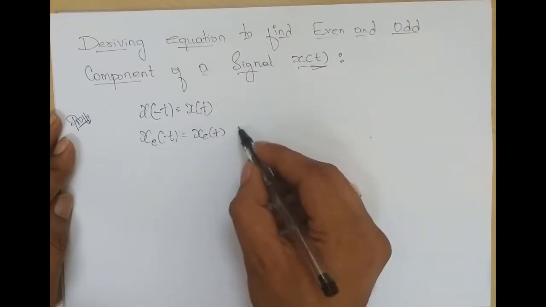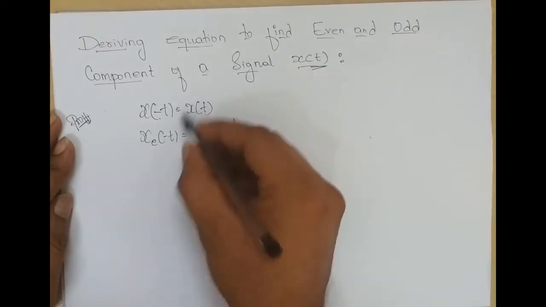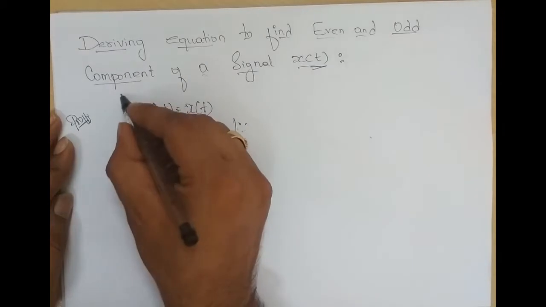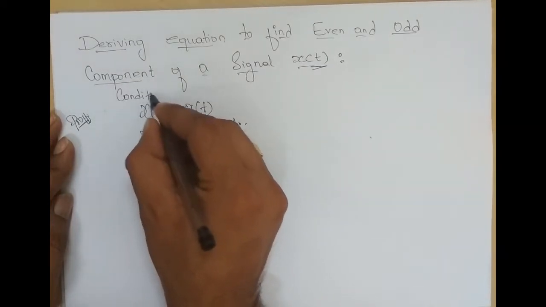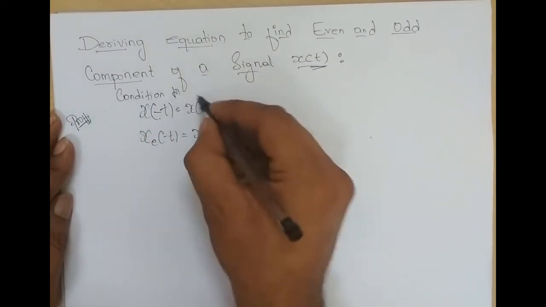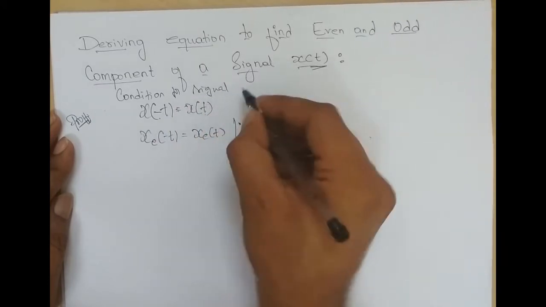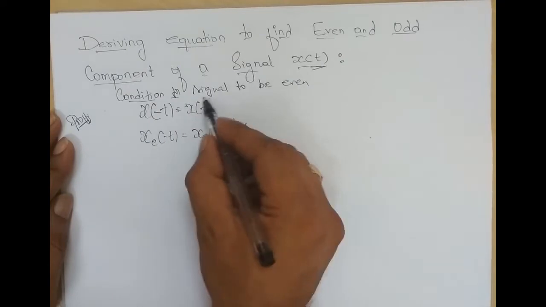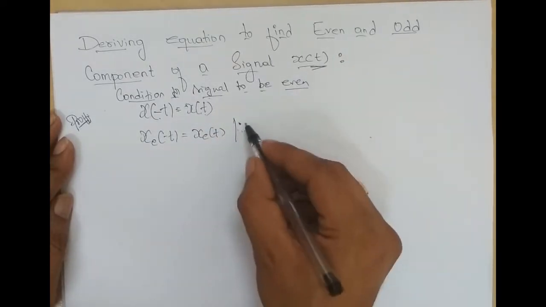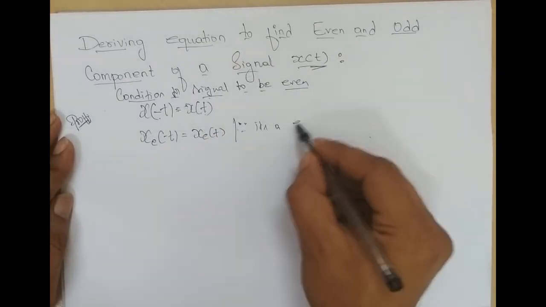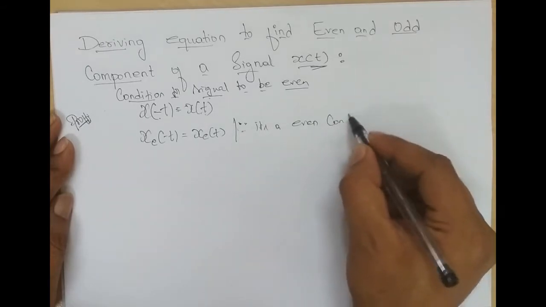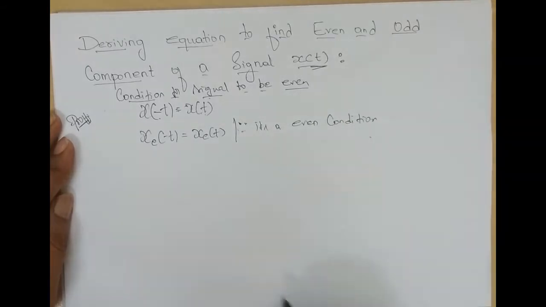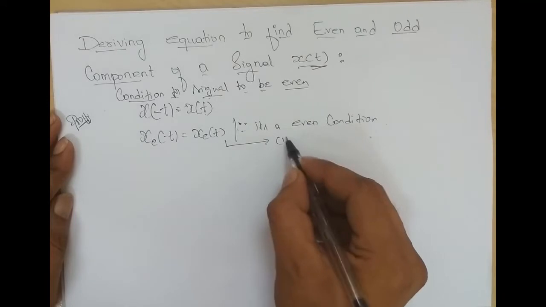So I can do this. Why? Because this is an even signal, right? This is the condition for a signal to be even, right? So I'll call it as equation 1.